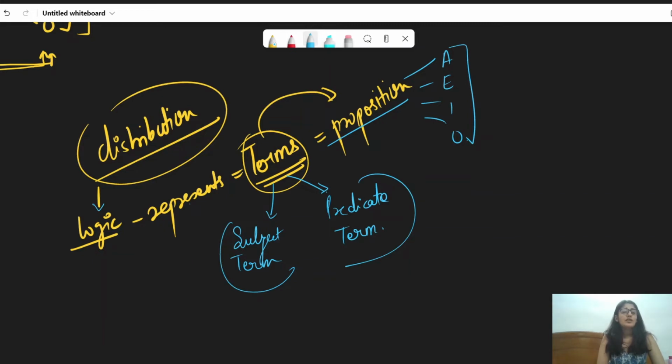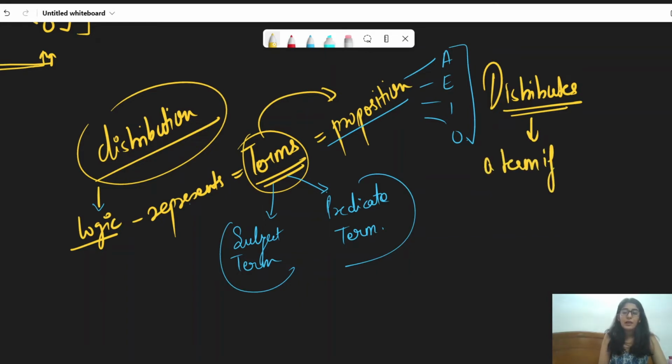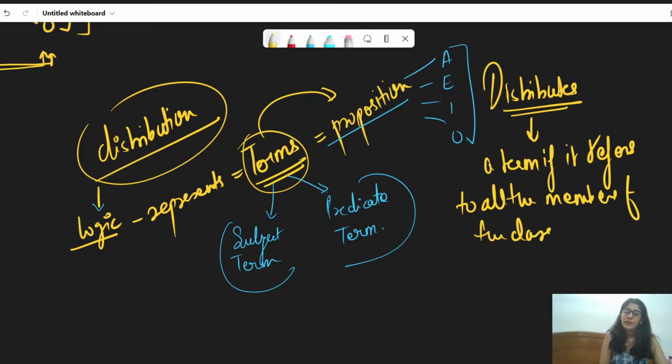A proposition distributes a term if it refers to all the members of the class represented by that term itself. Is this clear?